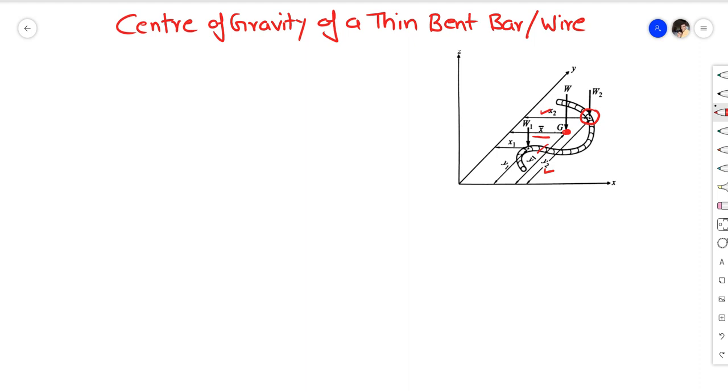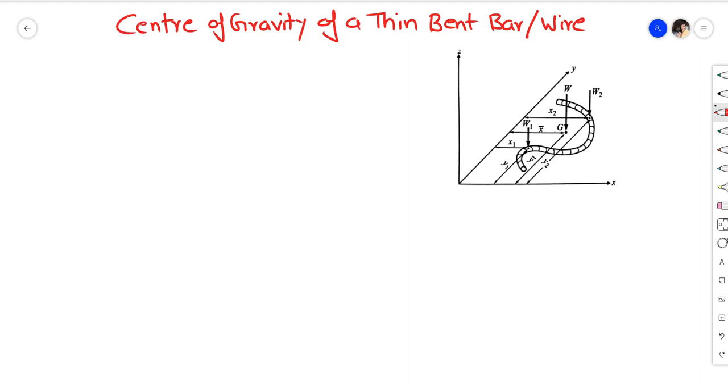Again, if I consider a section of w1 weight, so for this w1 weight, x1 and y1 are centroidal coordinates.